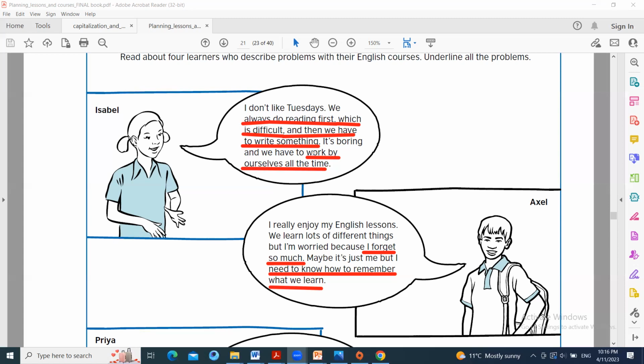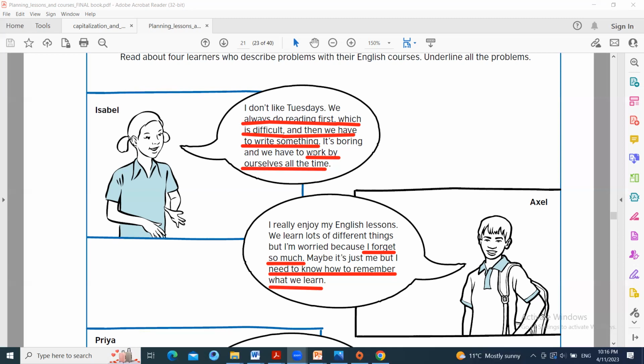And Axel's teacher could make recycling part of every lesson. For example, by writing revision questions on the board at the start of class, by playing a vocabulary review game, or through homework activities.